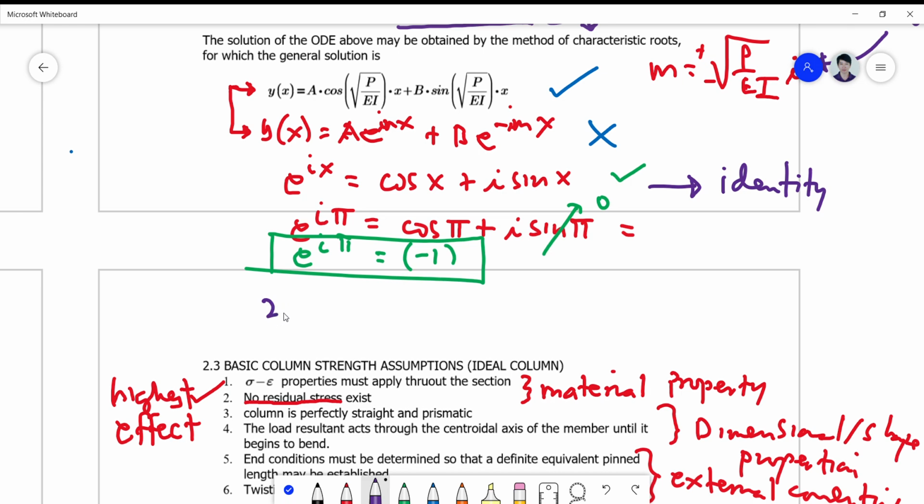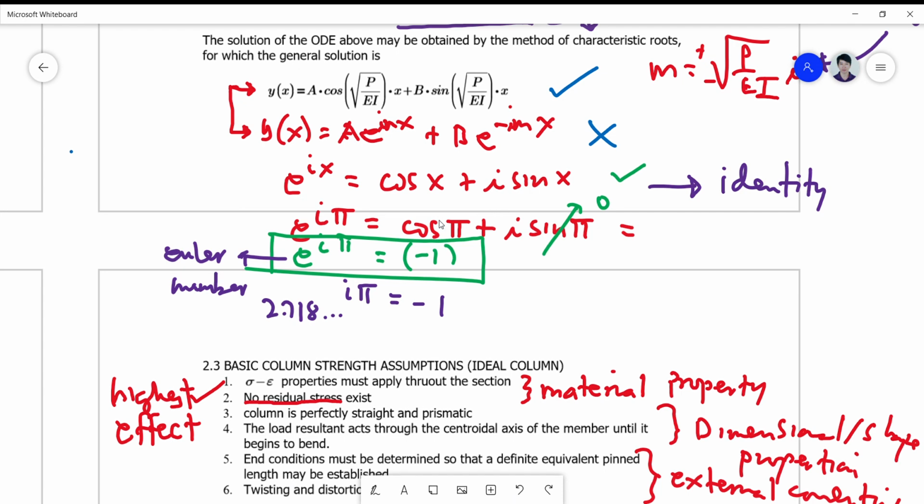So if I raise 2.718 to the i pi, this must yield negative 1. Okay, so e is an exponential number, which is also called the Euler number. So we can make use of that.